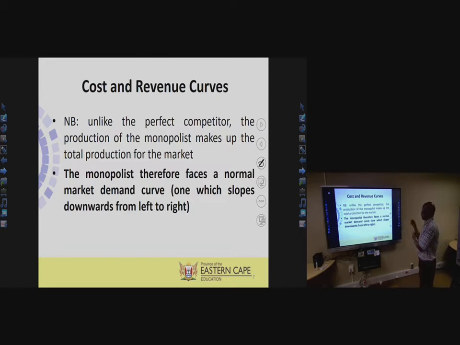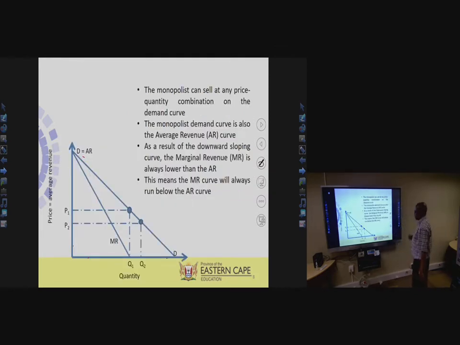In perfect competition, we were having a very huge number of small producers. But in the monopoly market, we have only one producer, and it is the only one in that particular market. Therefore, we are now shifting from whereby we had many producers, but we have only one producer.